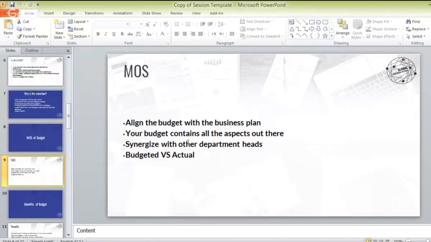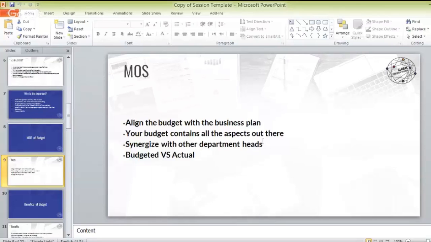And by the end of your budget, you have to come to the conclusion that you already synergized with all the department heads. If you went through the budgeting process and you are done with the budget, but you didn't sit with every department head and have at least a very long synergy meeting to discuss everything, their visions for the upcoming period for their departments, and what kind of investment they have, you know that your budget is missing something.